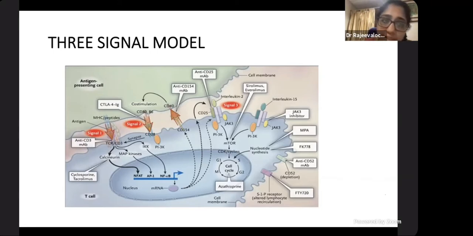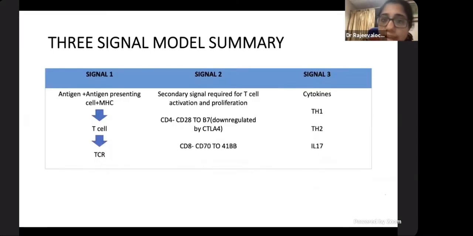Coming to this three-signal model, here is a simple explanation. Signal one is where the antigen gets presented to the antigen presenting cells. These can be dendritic cells or macrophages, which have the major histocompatibility complex on them.